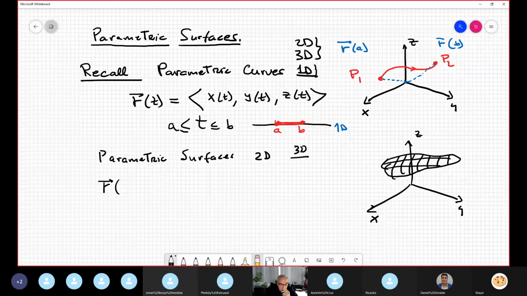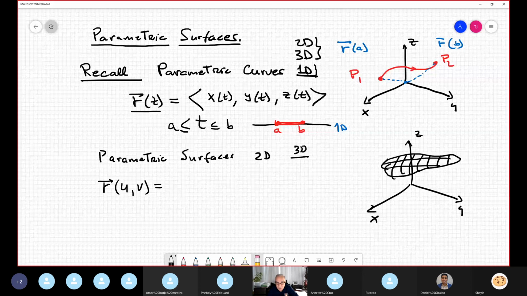So now, suppose you define, pay attention, the new thing. You define a vector-valued function similar to this, but in this case we have two new variables, u and v. I promise that throughout the chapter I will change the names of these variables, not always u and v. It's similar to the T in the parametric curve.